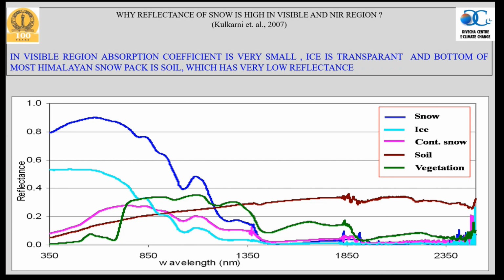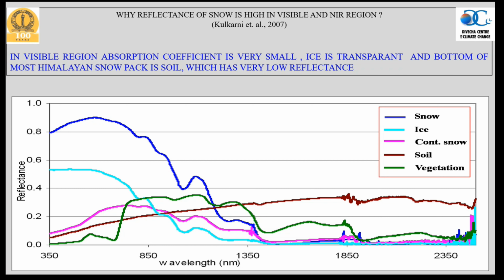And when it comes to 1350 to 1550 or 1550 to 1750 nanometers, which is the shortwave infrared region, the reflectance of soil is very high compared to the reflectance of snow. So what it means is that in the visible part of the spectrum, snow has high reflectance, and in the shortwave infrared part of the spectrum, snow has low reflectance, and this relationship is exactly reversed when it comes to soil.